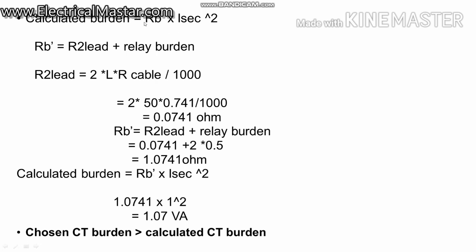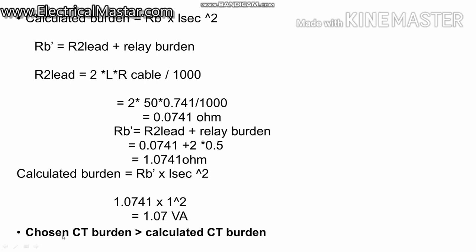RB dash is the value we found, 1.07 ohm, into I secondary, the CT secondary current. We selected CT 200 by 1 ampere, so the secondary current is 1, and 1 squared. So the total value comes out to 1.07 volt ampere. So now we know the total burden of the connected equipment is only 1.07 volt ampere.